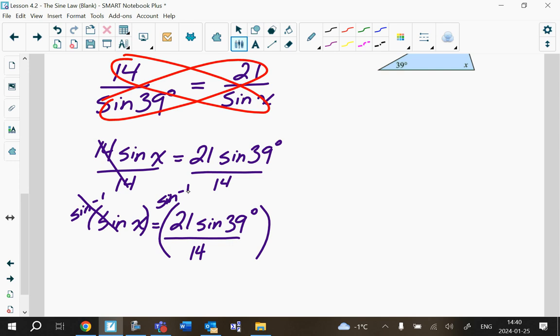Some students will calculate this, get a number, and write that number down. Like if they do 21 times the sine of 39 divided by 14, they'll write down 0.94398, and then put sine inverse of that.